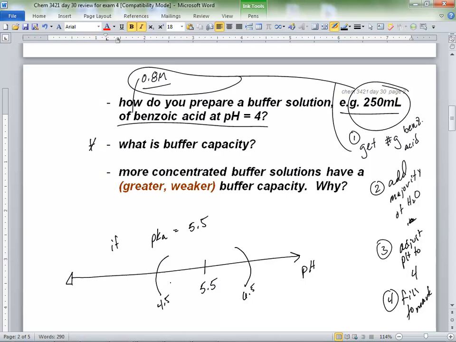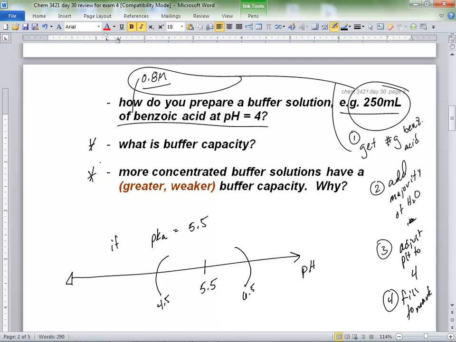Okay, that's one idea of buffer capacity. But then here's another aspect of buffer capacity. More concentrated buffer solutions have a higher buffer capacity. Think of it this way. If it's more concentrated, I'll have more conjugate base, I'll have more conjugate acid.